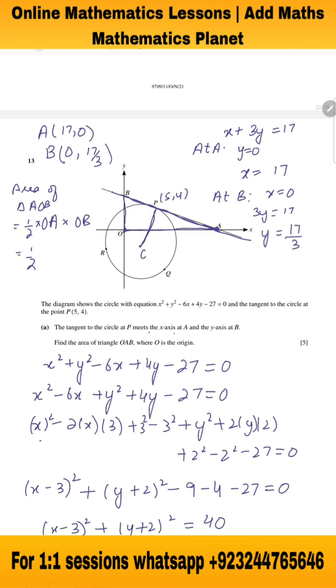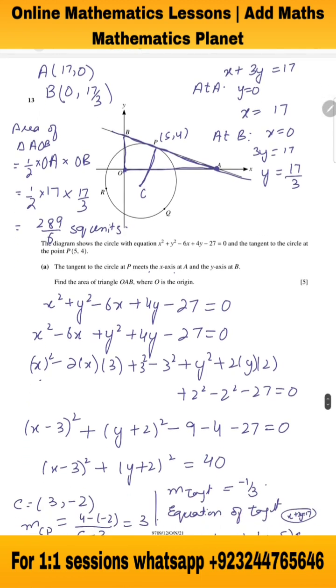OA, the distance from O to A, is 17, multiplied by OB, the distance from O to B, which is 17/3. So it is equal to 289/6 square units.